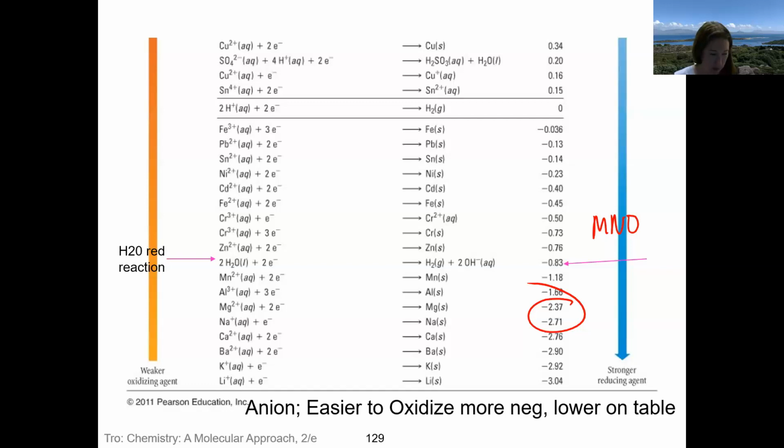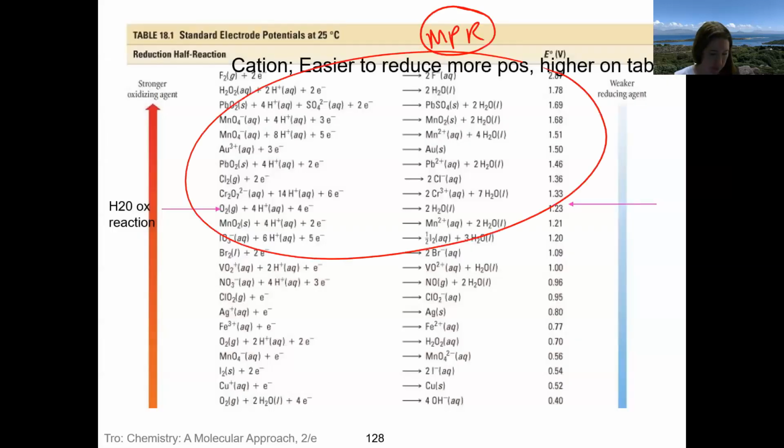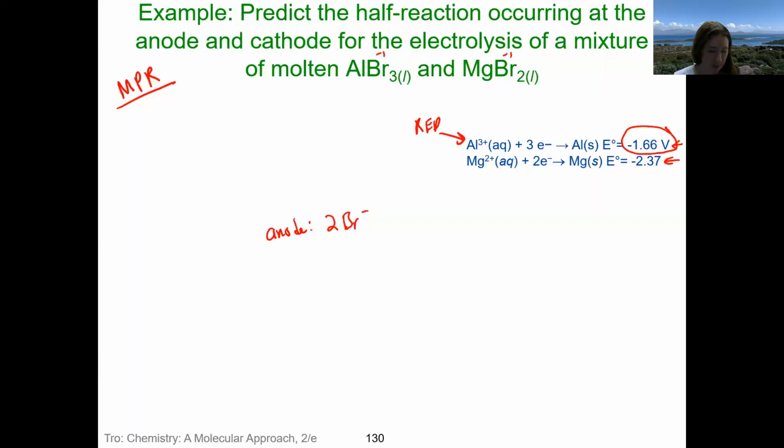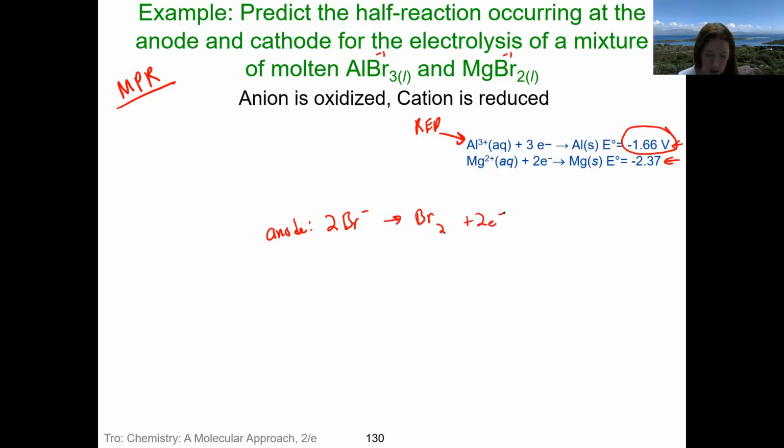Where's bromine? All right, got it. So 2Br- goes to Br2 plus 2 electrons. So that's going to be our oxidation.